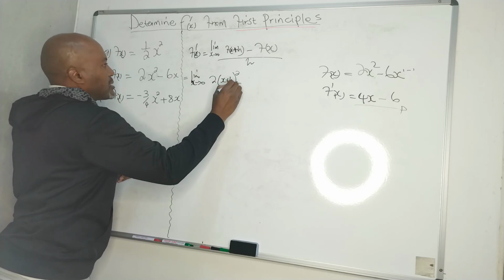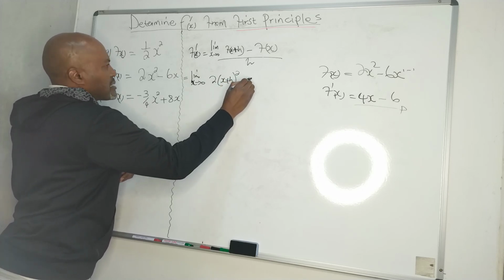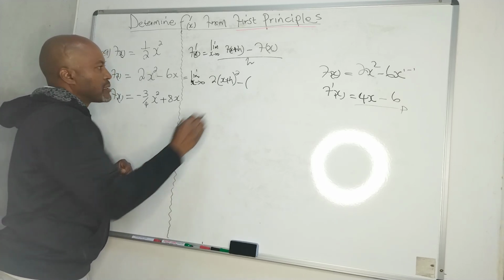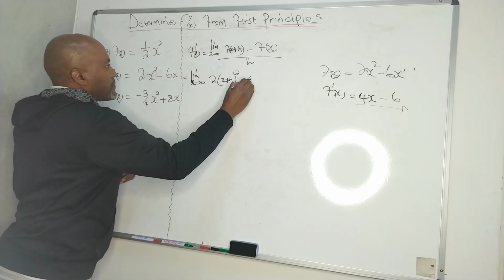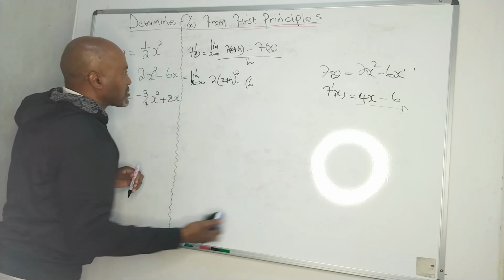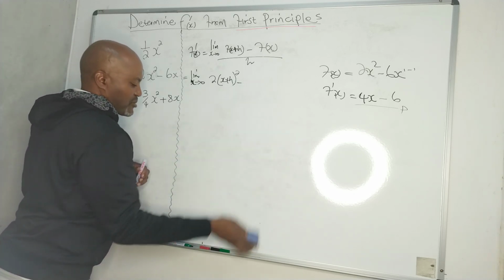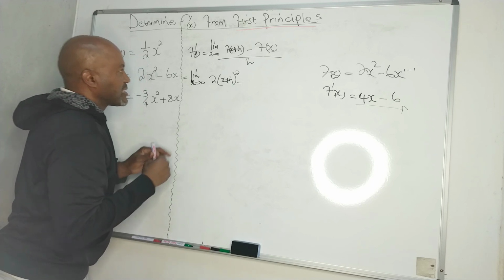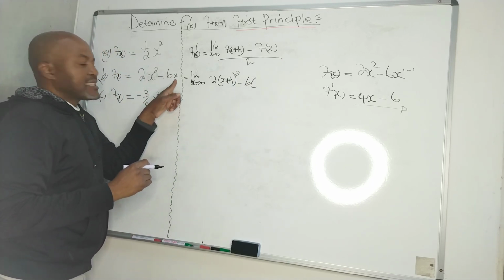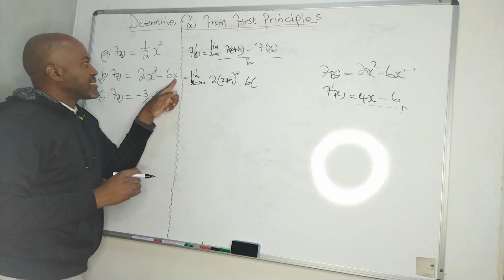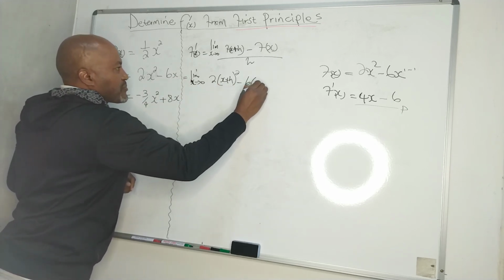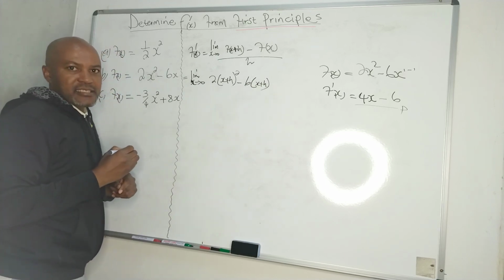Minus, that is this minus into, right? 6, oh sorry. It's going to be minus 6 into x plus h, right?